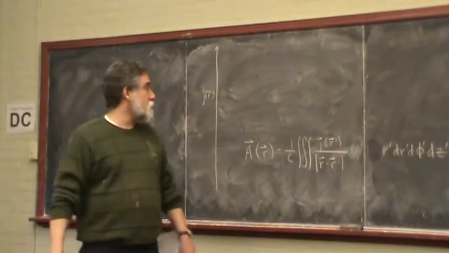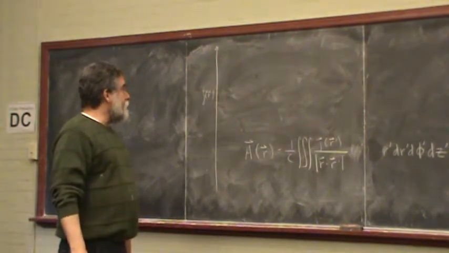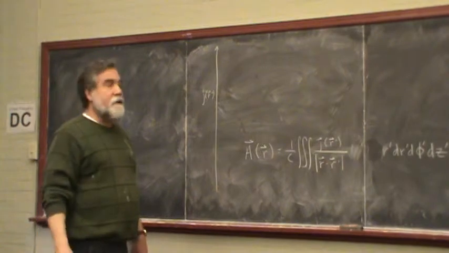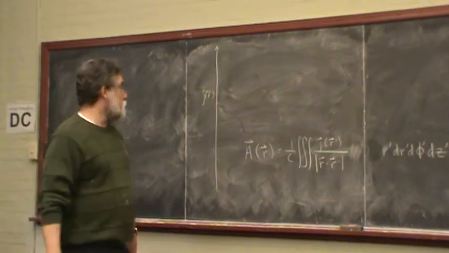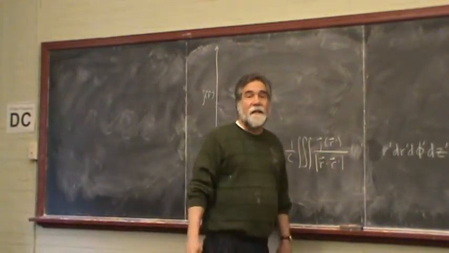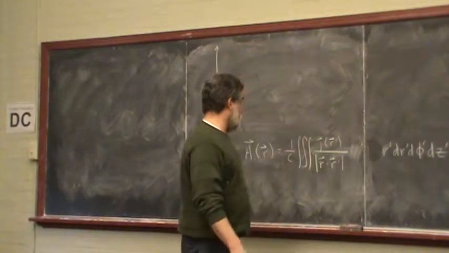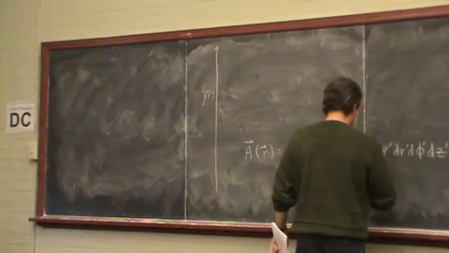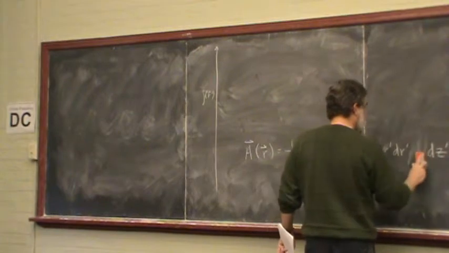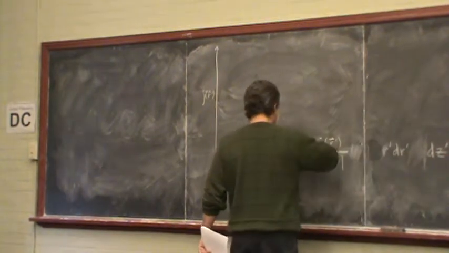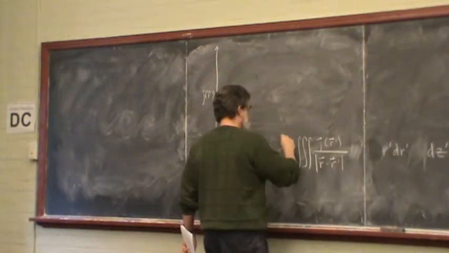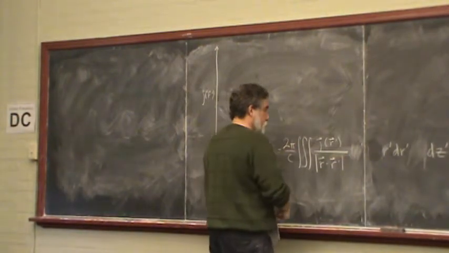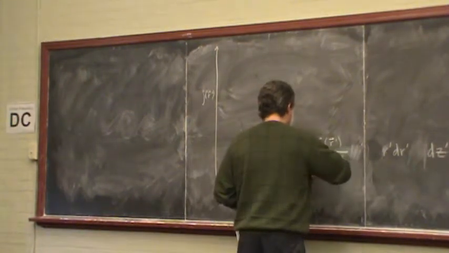Okay. The current is completely symmetric in phi, so I could just go ahead and do the phi integral. It's independent of phi, so I got a 2 pi out here. One down.